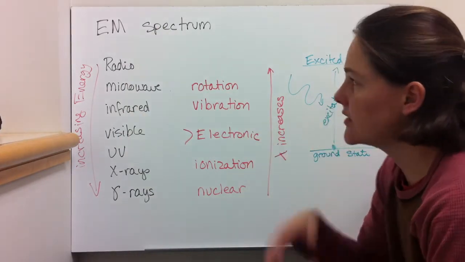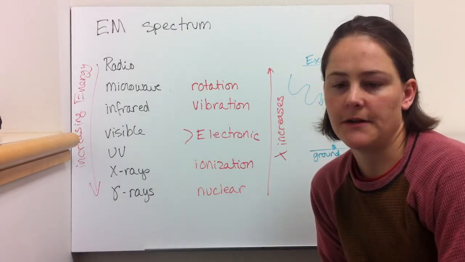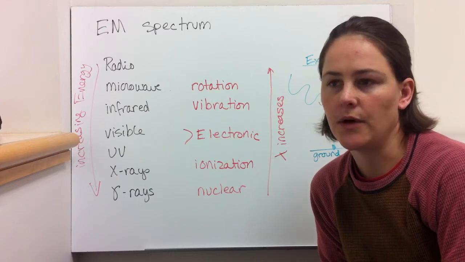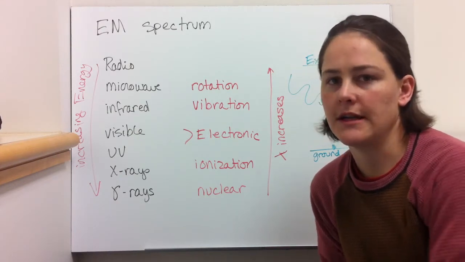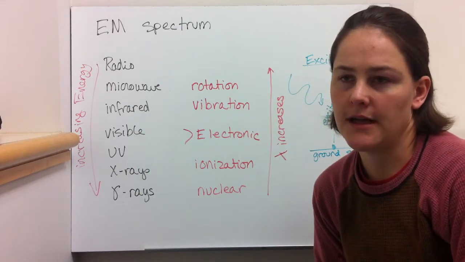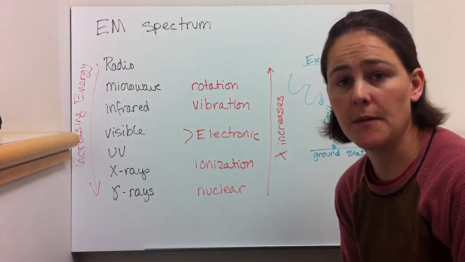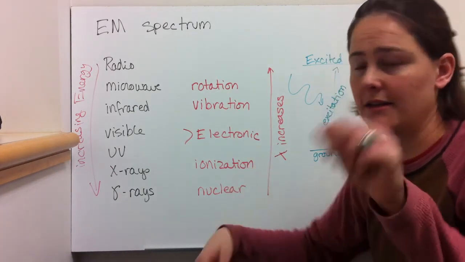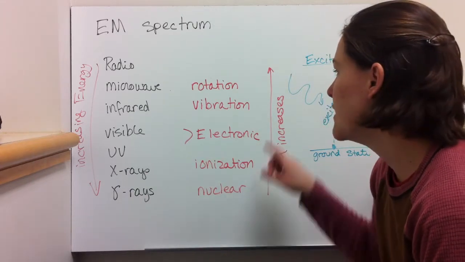So we can talk about different molecular transitions that you can excite with increasing energy. We'd start with molecular rotation, and that's pretty easy. That's low energy, so that's why microwave works to warm up your food, because it's getting a lot of rotation out of the water molecules in your food, and that's what makes it warm.